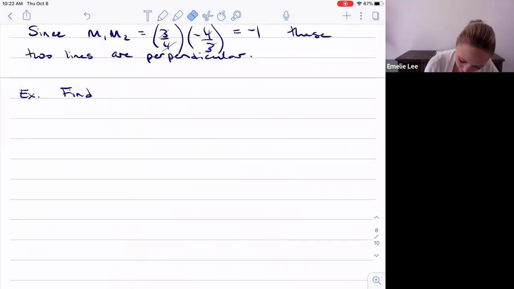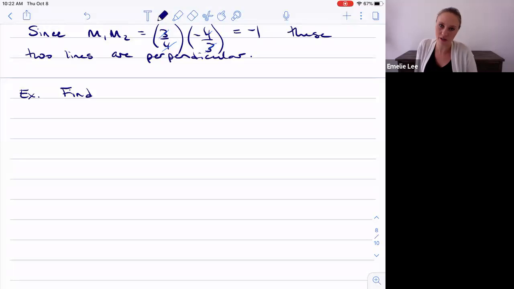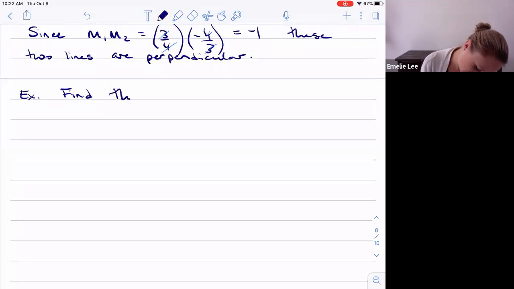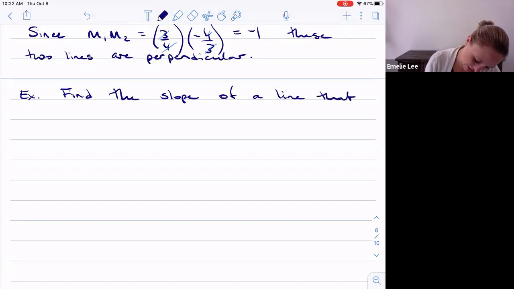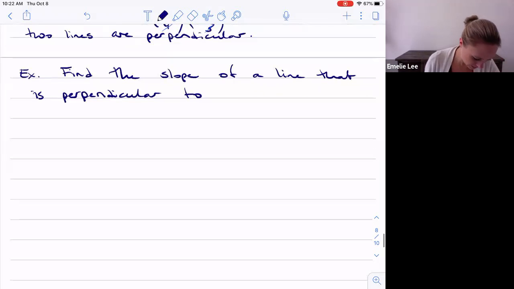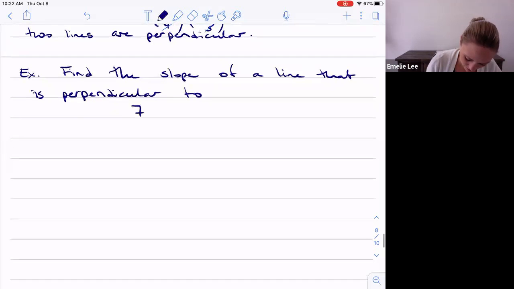Find the slope of a line, or let's kick it up a notch. Find the equation of a line, right? No, we'll start with find the slope. Slow down, Emily. Find the slope of a line that is perpendicular to 7x minus 3y equals 2. Okay.